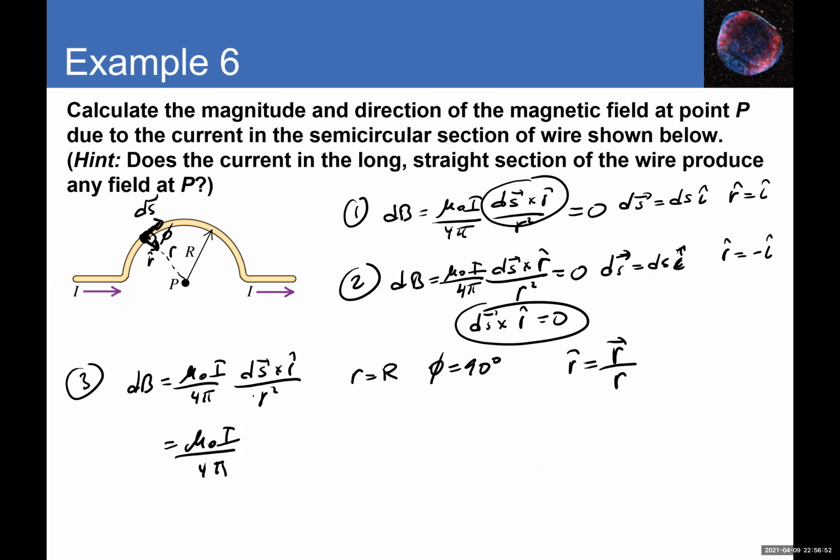So that means this is ds cross vector r divided by r squared, and another r over here gives me r cubed.